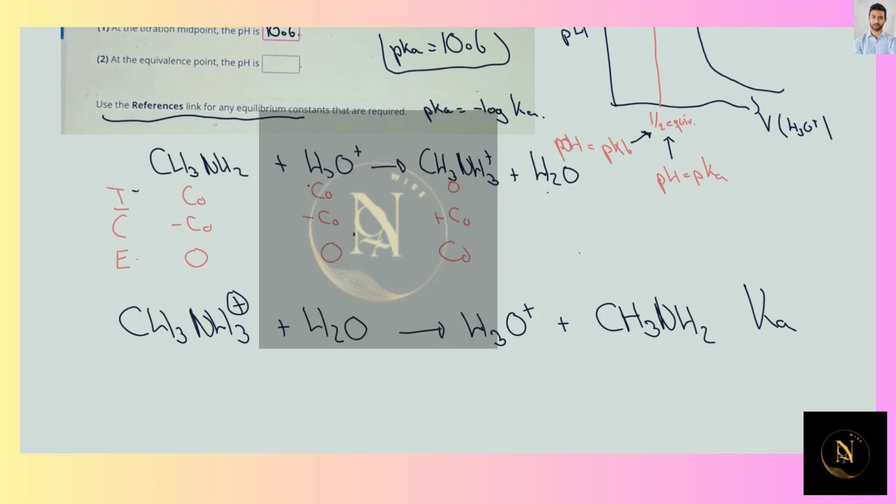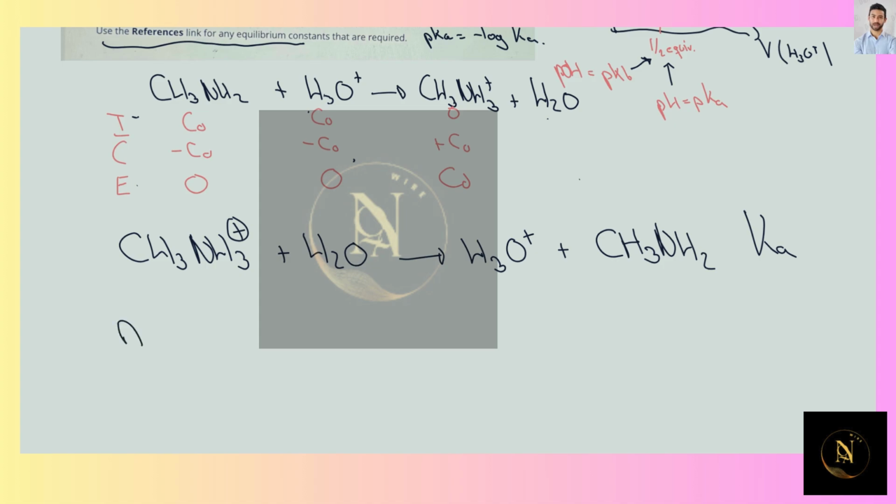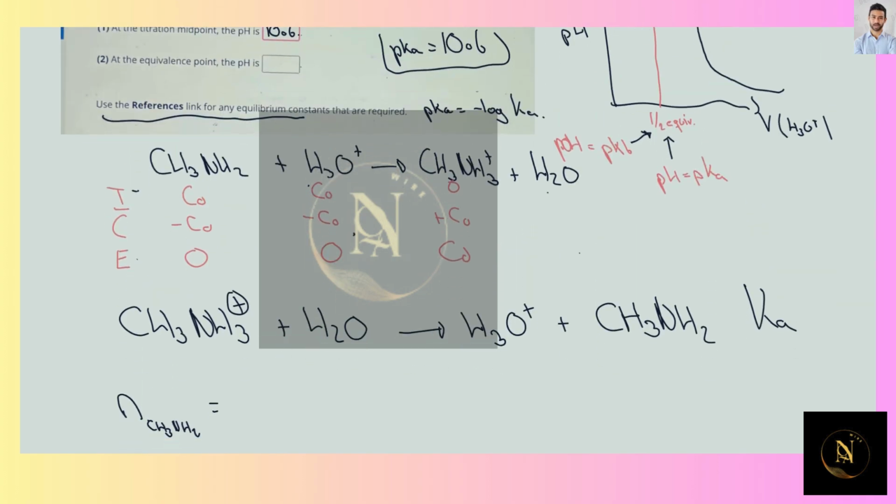In this case, we have a 1-to-1 reaction, so the amount of moles of CH3NH2 needs to be equal to the amount added of nitric acid. So the initial amount would correspond to 0.272 mole per liter multiplied by the volume, which is 20.9 times 10 to the minus 3 liters, which is 5.6848 times 10 to the minus 3 mole.